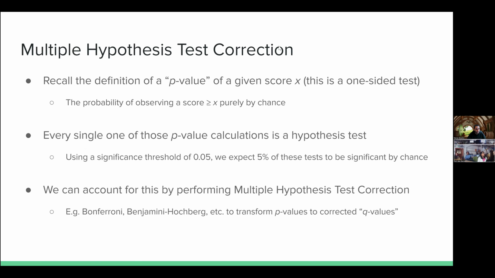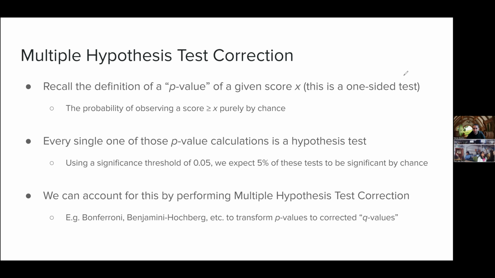So imagine I have, let's say, p equals 0.001 and p equals 0.02 and p equals 0.003. And let's say these are from the 3 highest similarity scores. These are the theoretical p-values that I get.